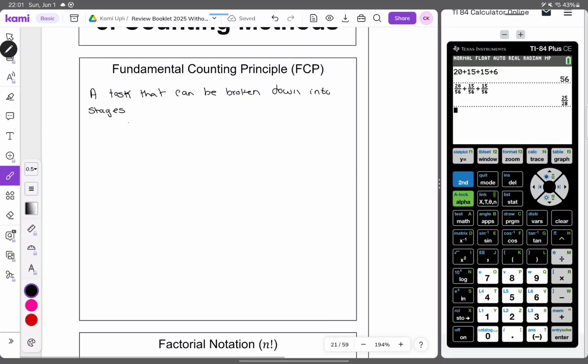And maybe I have M ways to do stage 1. Maybe I have N ways to do stage 2. Maybe I have P ways to do stage 3.